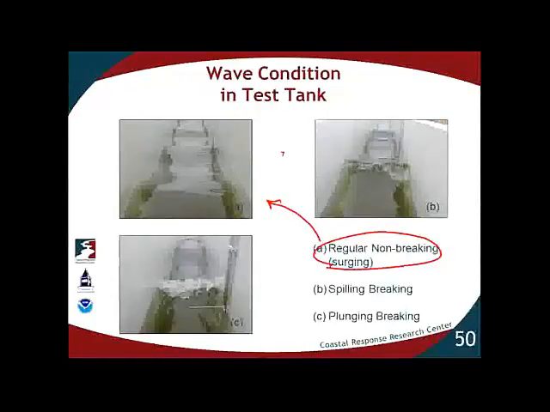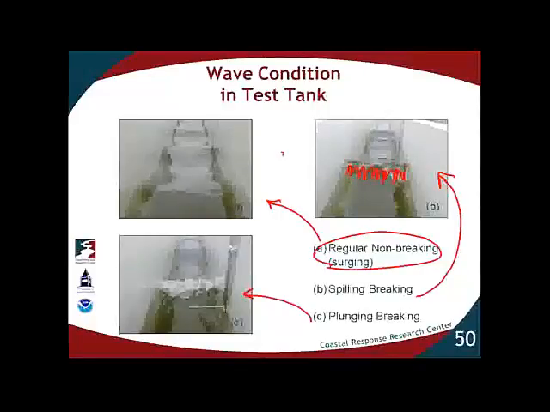All right? The second type of wave is the spilling breaking wave. And you'll notice that in this case, the wave starts to crest, but this front of water just spills over, and it doesn't crash over. Whereas the plunging wave, look at that, you've got lots of energy.